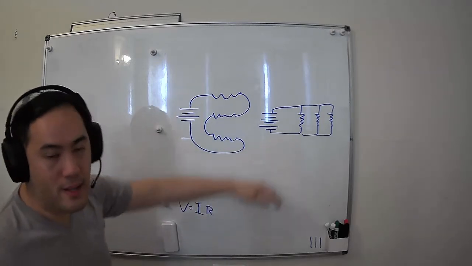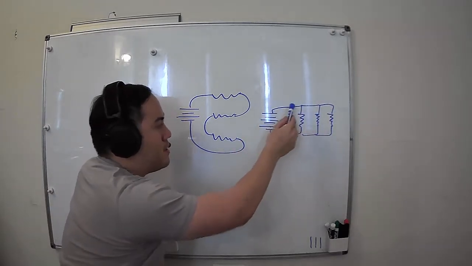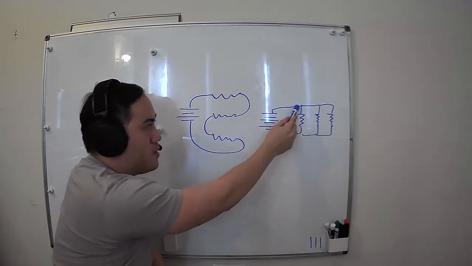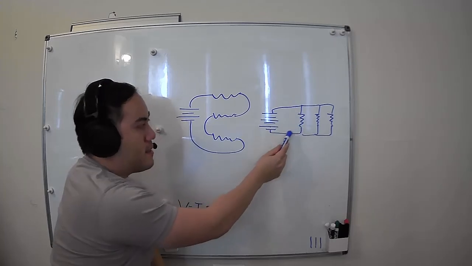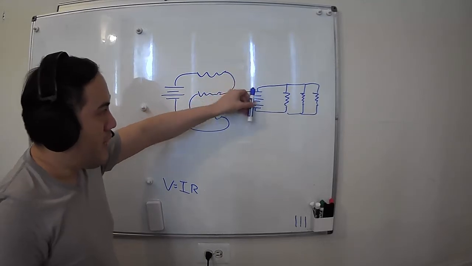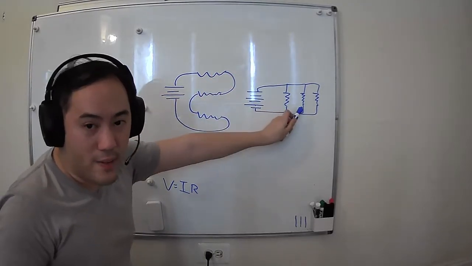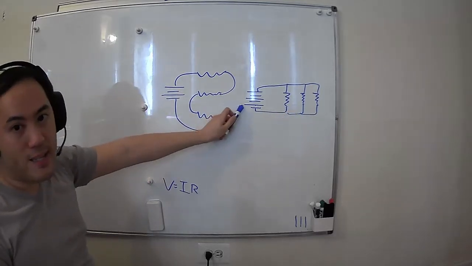This one's parallel. Current will come out of the battery, and it'll be in the top node. It wants to go back to the bottom, so it'll go through this resistor to the bottom node and then back in the bottom. Or it'll go out the battery to the top node through the second resistor and then back to close the loop.